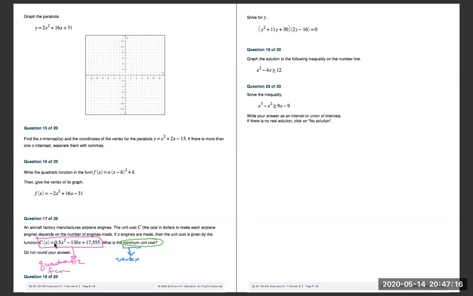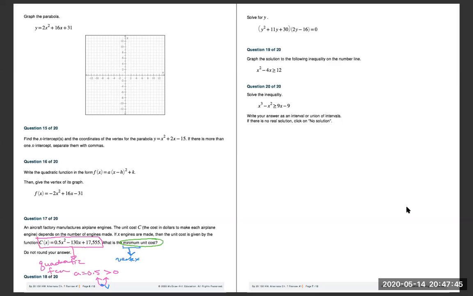Okay, and the a value is 0.5, which is greater than 0. That's positive, right? So we're going to be getting a parabola if we graph. Smiley face, and the vertex is the minimum point. Okay, let's actually make that part in blue. So your vertex is right here.